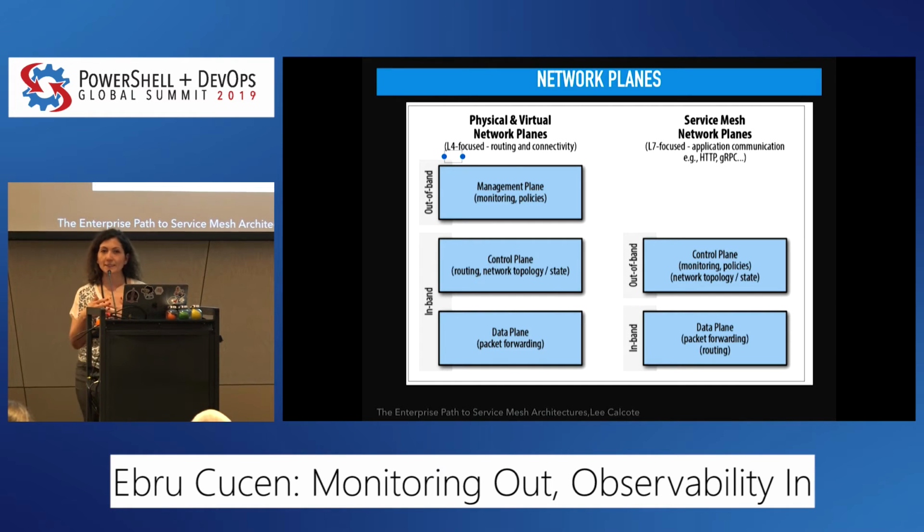So service mesh is kind of condensing that outbound responsibility to the control plane. So we don't have a management plane anymore, but the control plane does take care of all the policies.